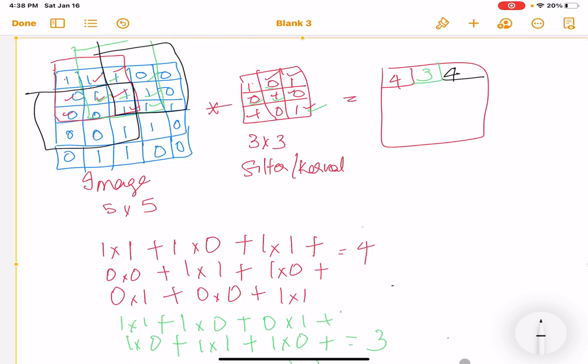And as I continue this process, I would get a 3 cross 3 result with values 2, 4, 3 and the remaining values as 2, 3, 4.